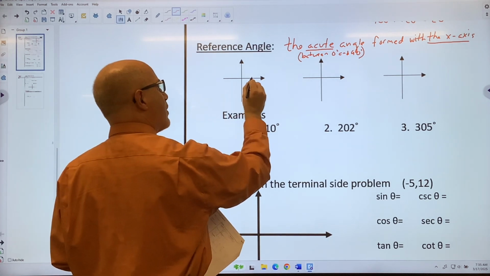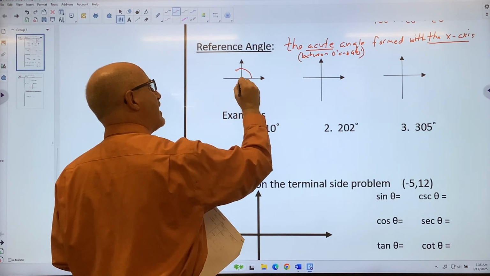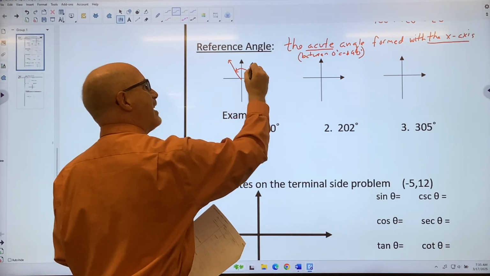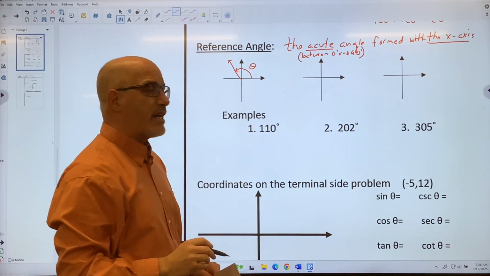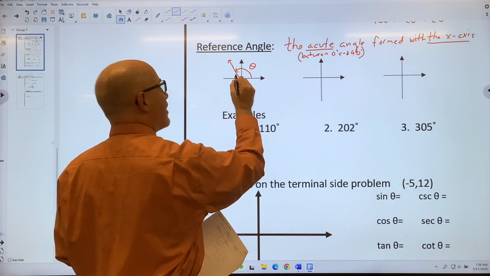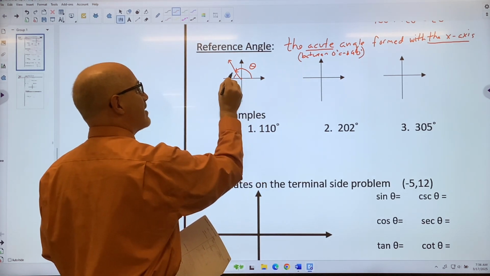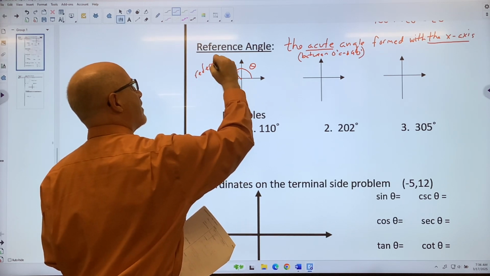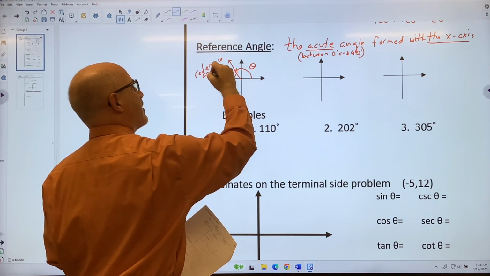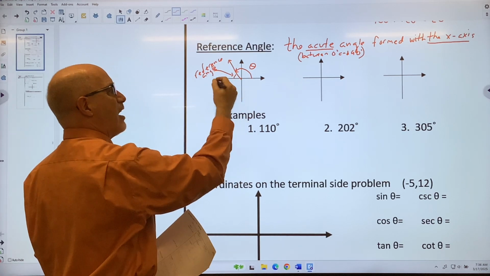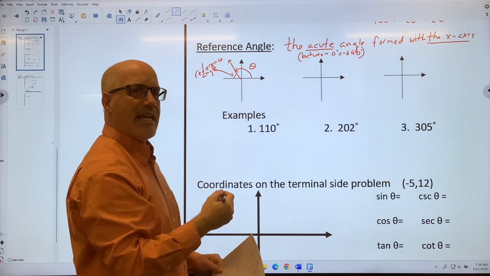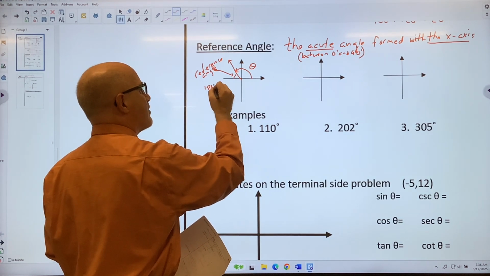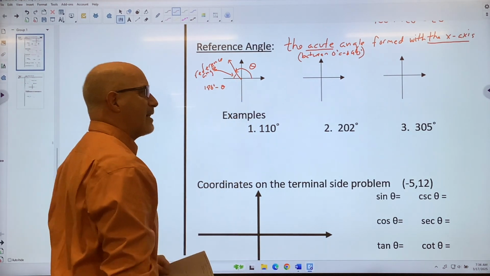If I rotate to my terminal side in the second quadrant, and this is my theta angle, this angle here is the angle with the x-axis. This is my reference angle. I would take 180, subtract that theta, and I would get that angle. So in this case, it would be 180 degrees minus theta.